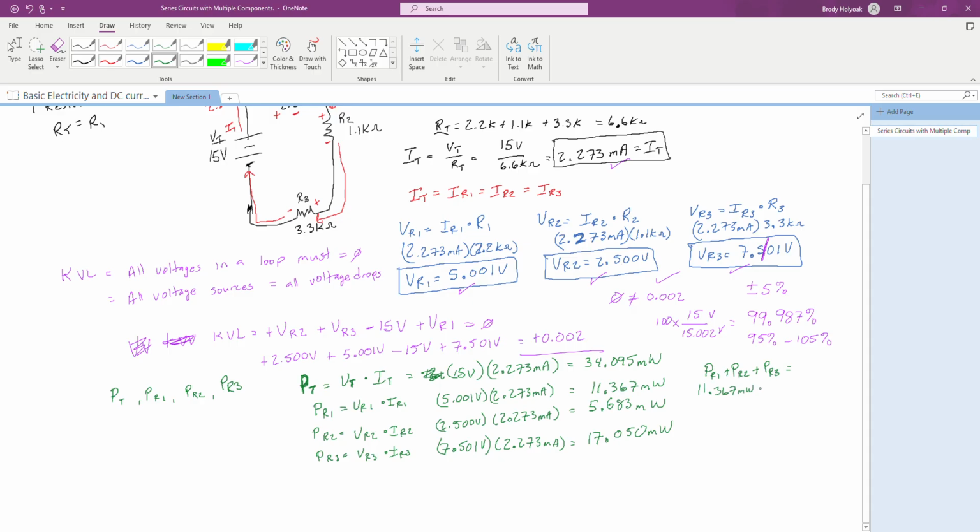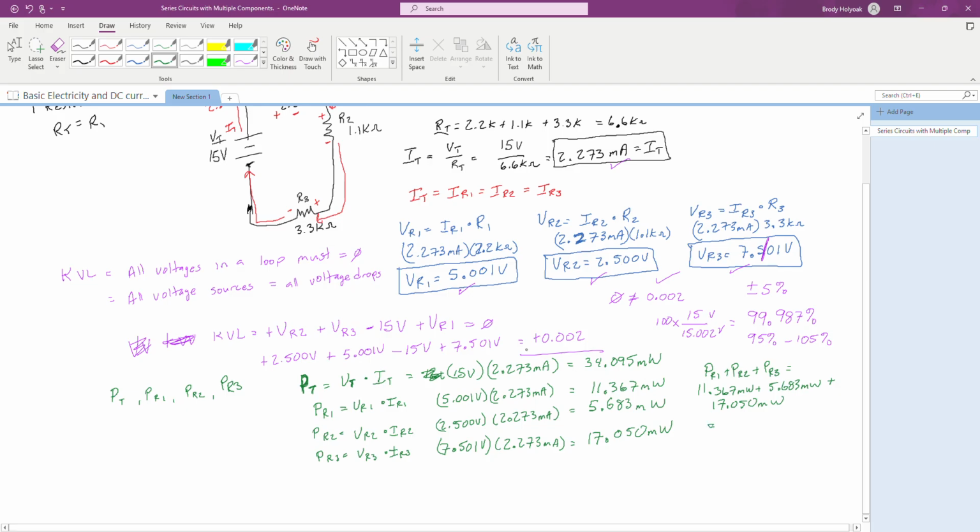11.367 milliwatts plus 5.683 milliwatts, and then I'm going to add, I'll go down a line, my 17.050 milliwatts.